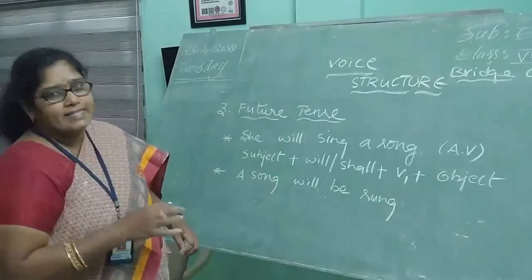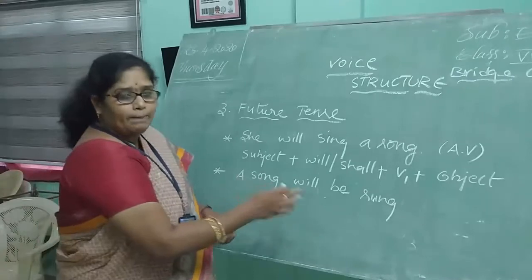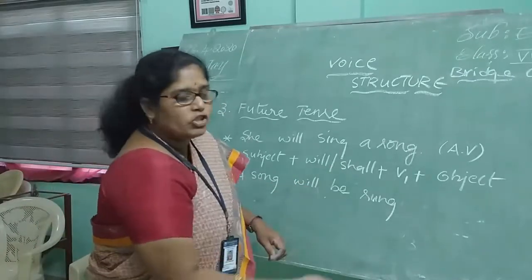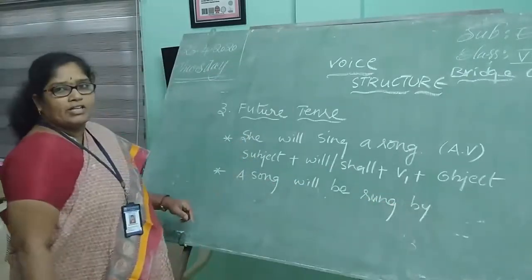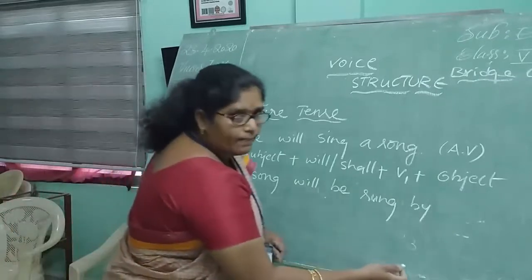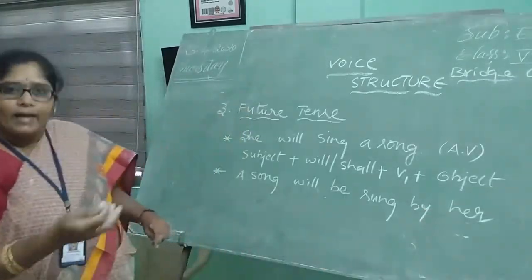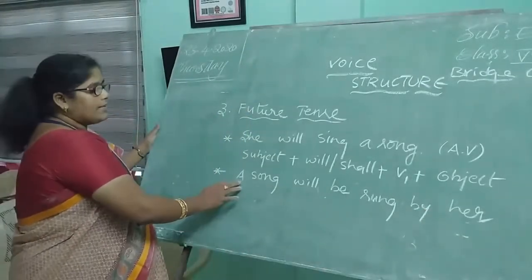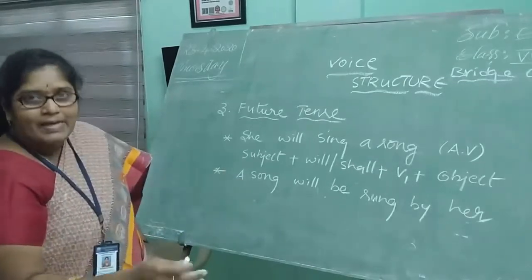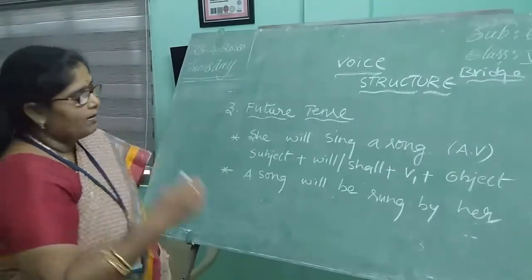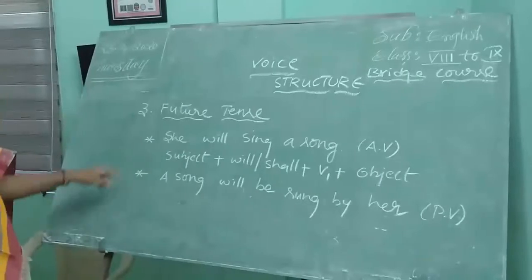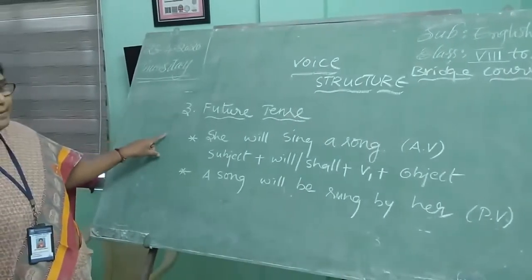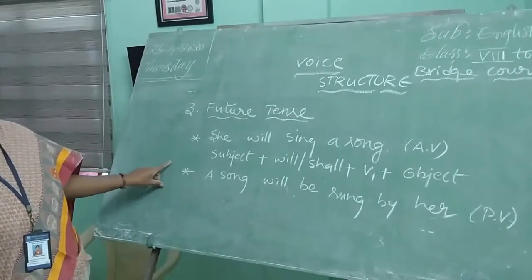A song will be sung, preposition by, and next subject changes into object. She becomes her. So a song will be sung by her. We have changed a future tense sentence into passive voice.